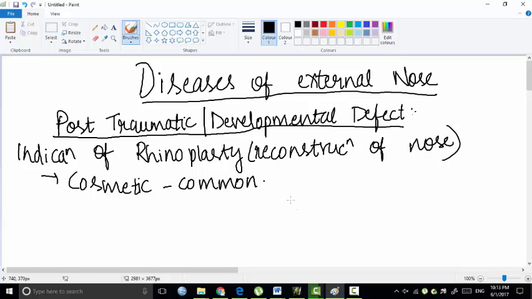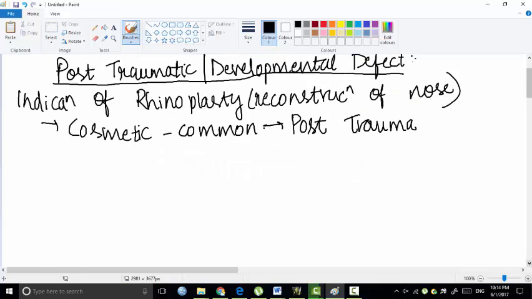So this most common cause of cosmetic rhinoplasty is post-traumatic, because after trauma, because of some loss of some structure of the nose or some defect, that may cause some cosmetic problem which lays an indication for rhinoplasty, and this is generally preventable.